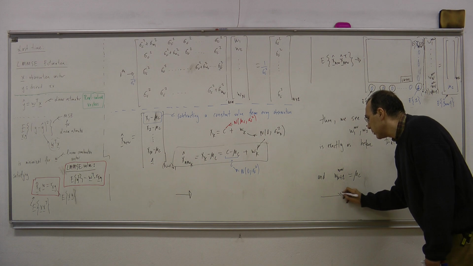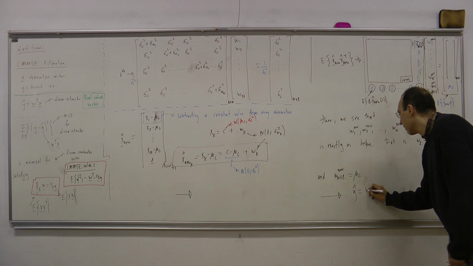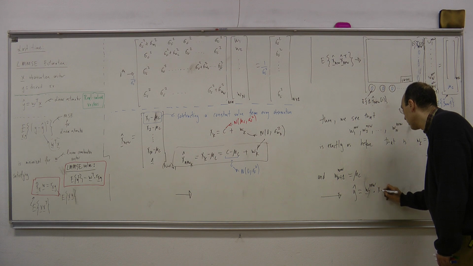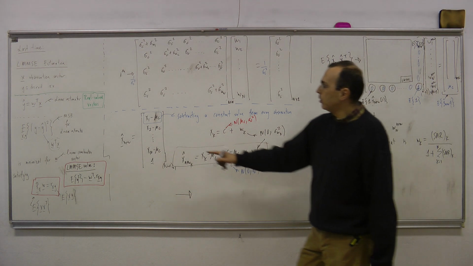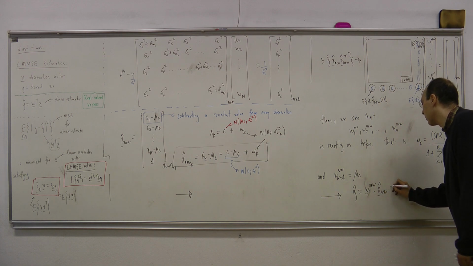Then you may ask what is the change? Well, the change is that now y hat is equal to w of this new system weights times this new vector.